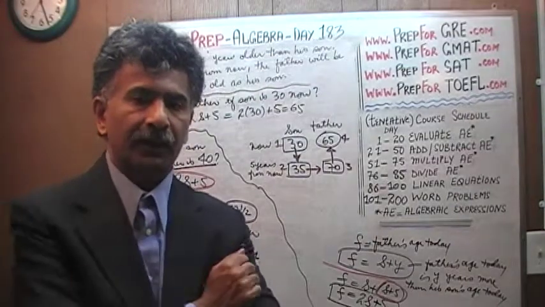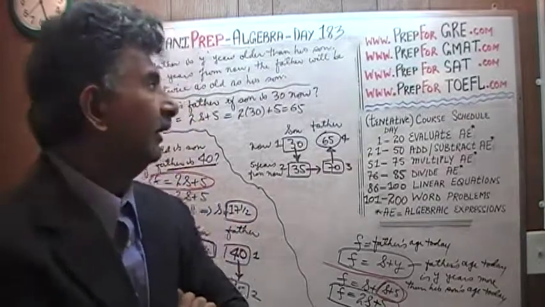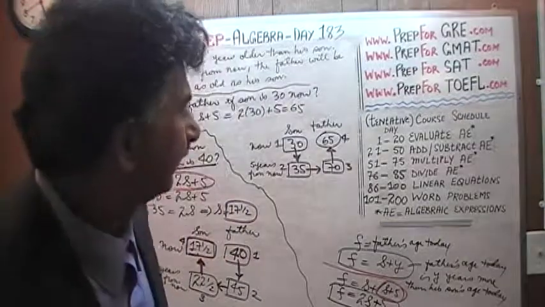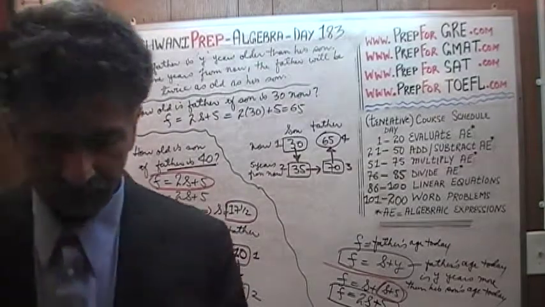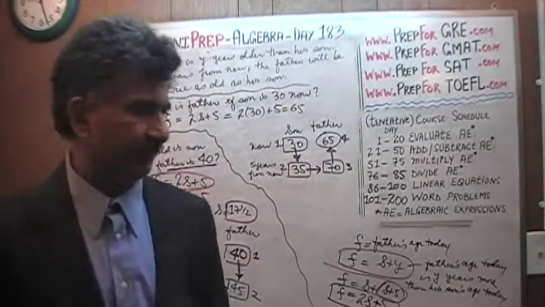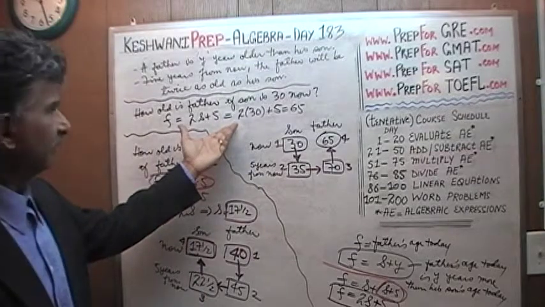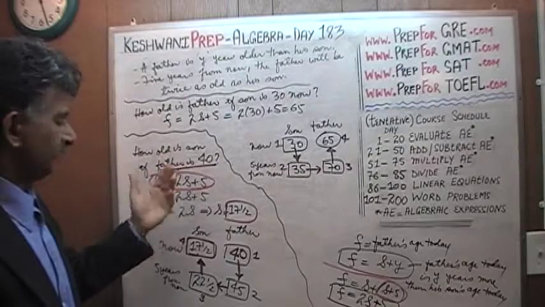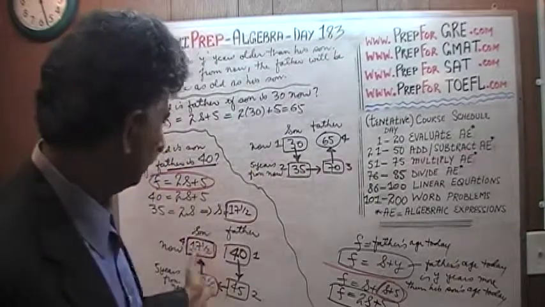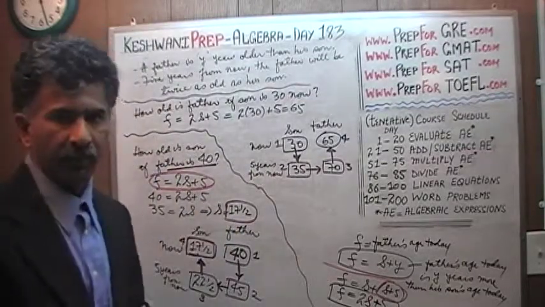Something like this, of course, will not appear in the real exam, and most likely in one of these exams here, GRE, GMAT, or HESI, because there's too many unknowns here. Usually they give you something, like here in this example, they would give you something. How old is father if the son is 30 now, or how old is son if father is 40 now, something like that. And of course you have to solve it, but before you can do that, you have to have an equation.